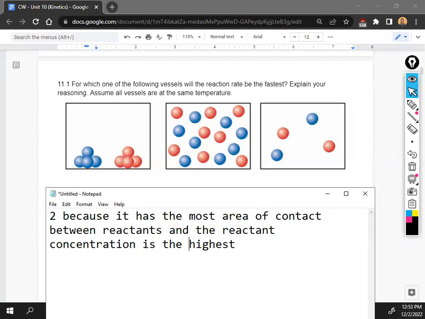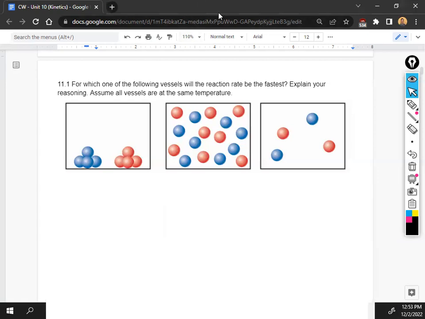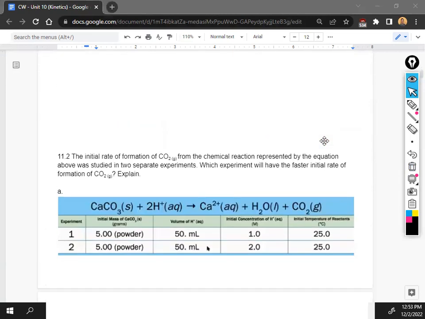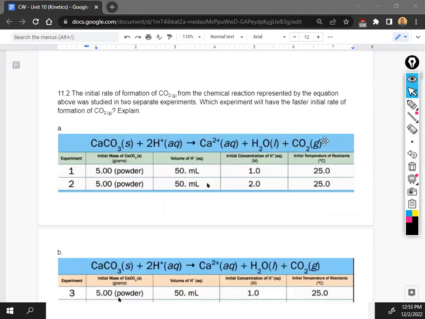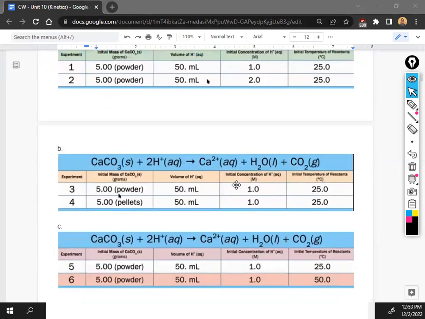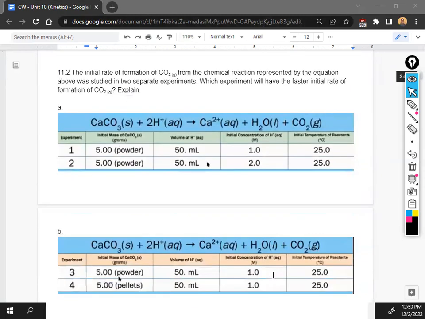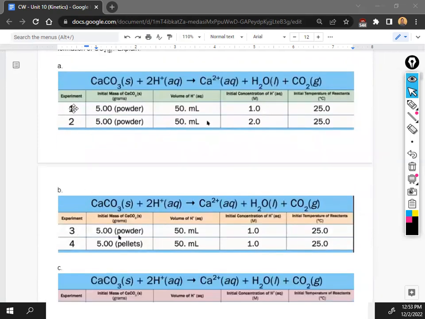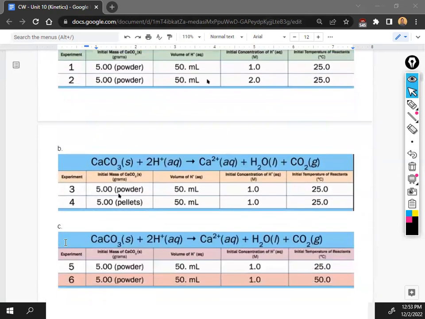All right. Any other questions? Alrighty. So let's move on. I'm going to give you guys about 3 minutes. I want you to take a look at 11.2. Now there are 3 different parts to this question. And again, I want you to practice writing your FRQ answers. These are their own individual sets, so don't compare 1 and 3. Just compare 1 and 2, 3 and 4, and 5 and 6.